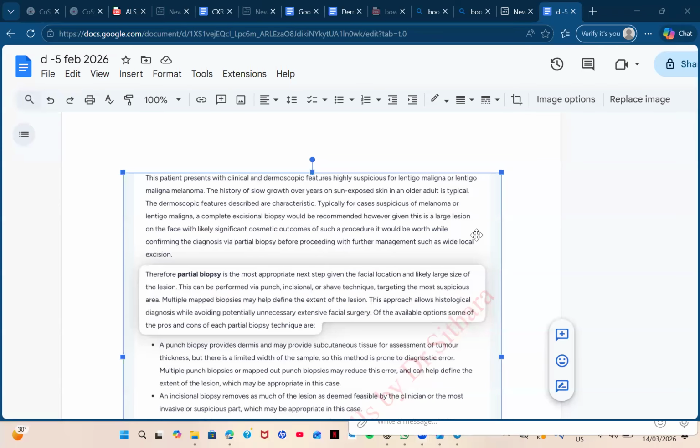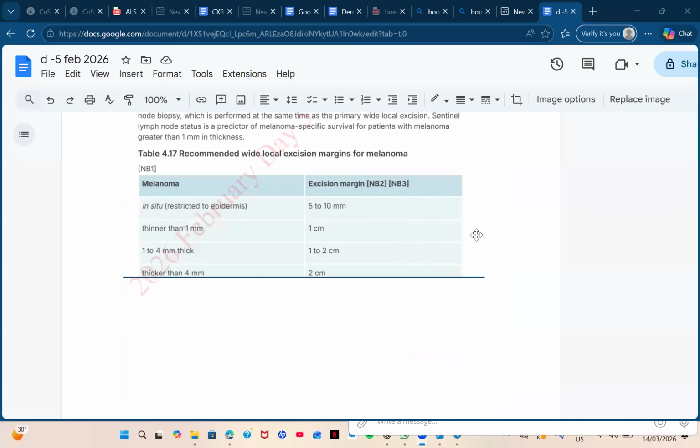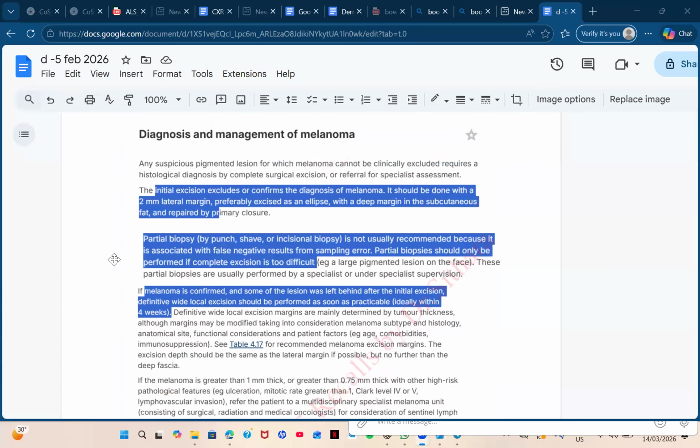Yeah, first you have to do the biopsy, right? Why? You have to do the initial excision. If you see something suspicious of melanoma, you have to do the initial excision to exclude or confirm the diagnosis of melanoma, because we need to confirm from the histopathological investigation, right?